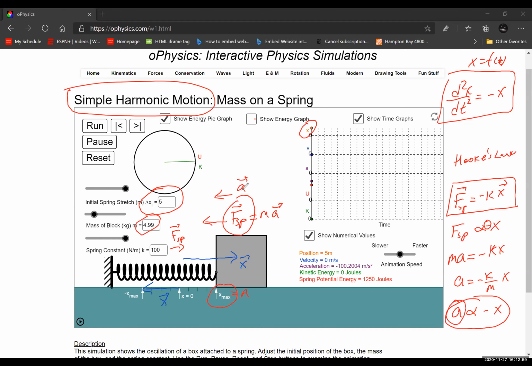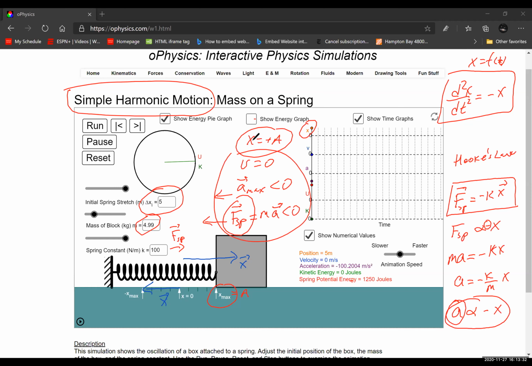It's negative because force is negative, and it's also the maximum. So acceleration is maximum and negative, force is maximum and negative, and velocity is 0 at x equals plus a. The system doesn't have any velocity because it's going to start from rest.